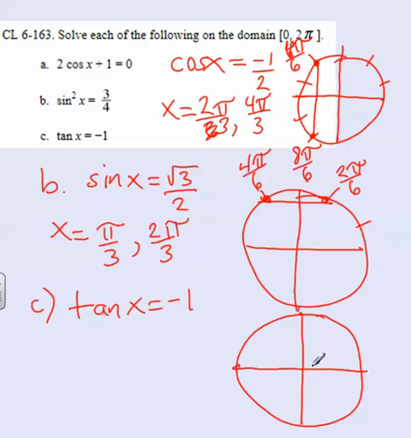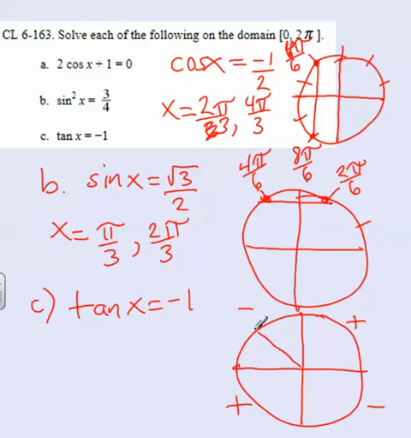The tangent is positive in this quadrant and this quadrant, and the tangent is negative in quadrant 2 and 4. So I'm looking here and here. So I'm looking for -1.